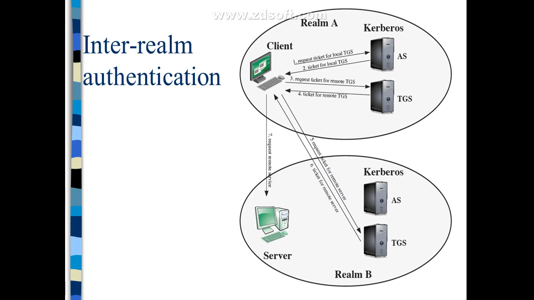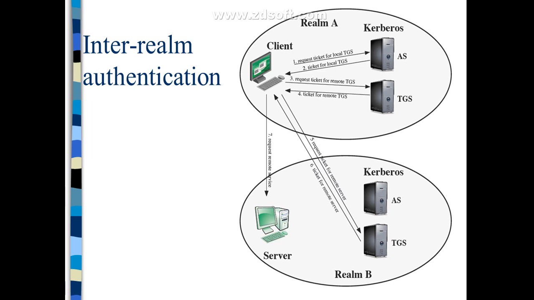Then the TGS again confirms the details of the client by comparing the authenticator, all those things, as we already discussed in version 4. It confirms the identity again, and it sends the ticket for the remote TGS.